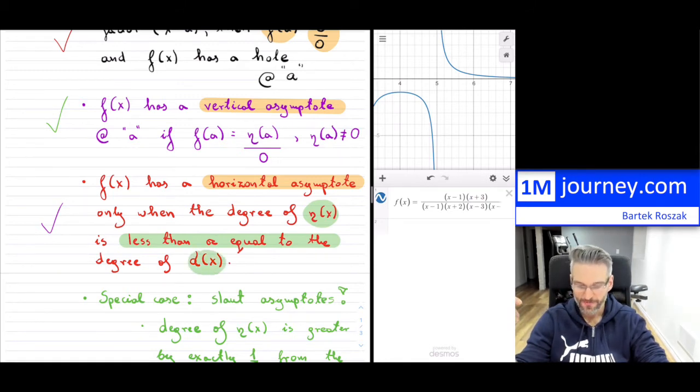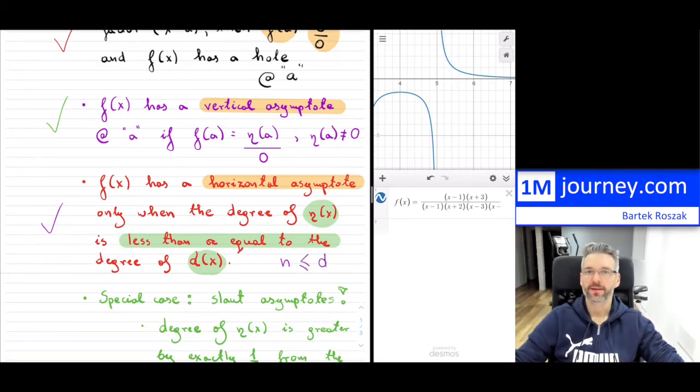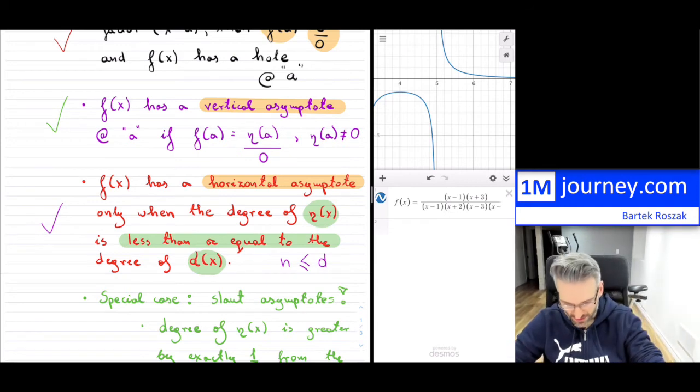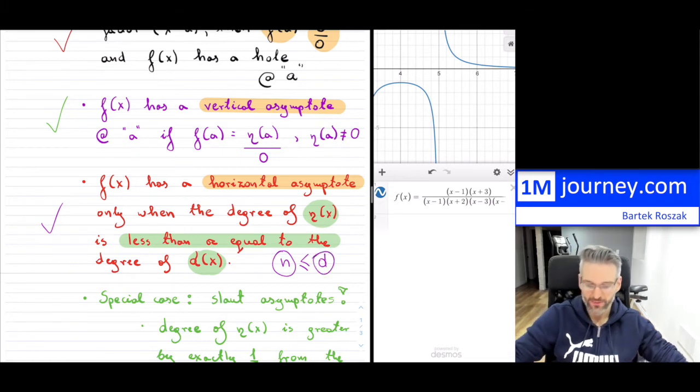That's something you can think about. I can capture it here: the degree of the numerator has to be less than or equal to the degree of the denominator, and these are degrees. So the degree of this is less than that.